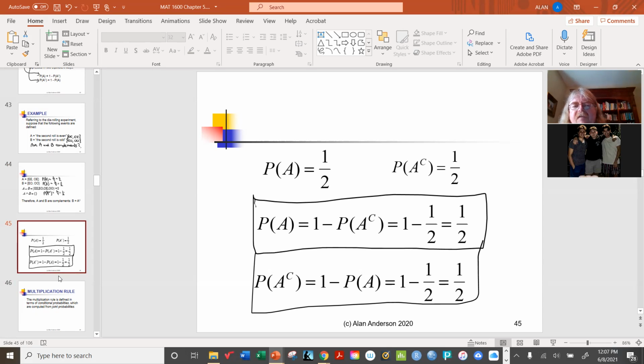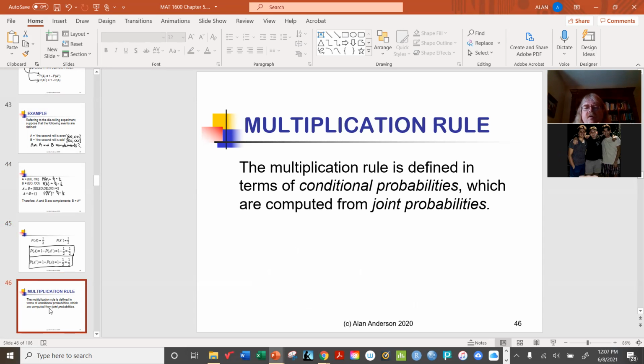Now the third and final rule that we want to consider here today is the so-called multiplication rule. Now, the multiplication rule is fairly complicated. And in fact, in order to go through it properly, we're going to introduce several new concepts here. We're going to define, in fact, 3 new types of probabilities. What are these 3 new probabilities?